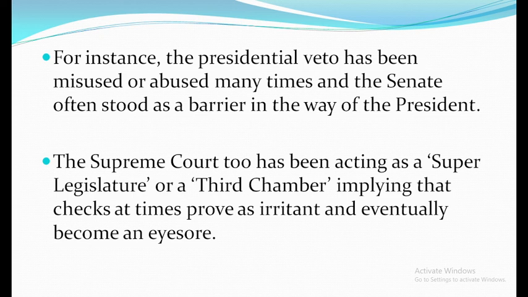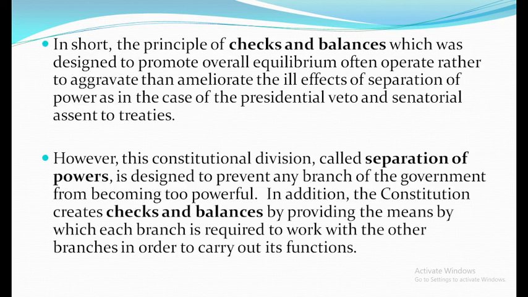Similarly, the Supreme Court too has been acting as a super legislature or a third chamber, implying that checks at times prove as irritant and eventually become an eyesore. Since the Supreme Court has the power of judicial review, or since it also has the power to advise the Congress to legislate on certain matters, it sometimes acts as a super legislature or third chamber, which implies that instead of acting as a check on the legislature, it sometimes becomes an irritant or an eyesore to the other two branches of the government.